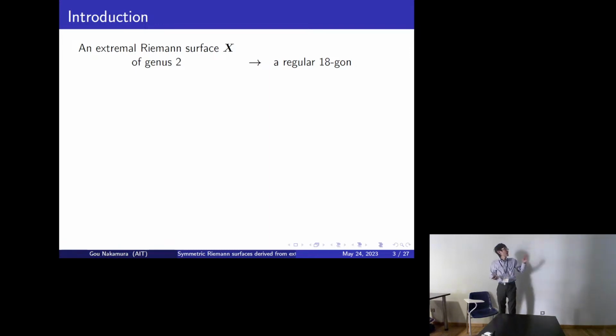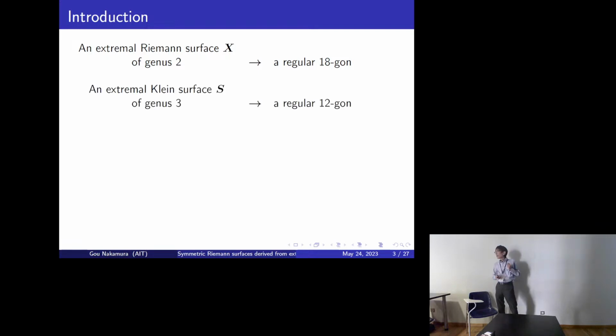And here, my target is genus 2 surfaces. So, an extremal Riemann surface of genus 2 has a hyperbolic regular polygon as its fundamental region. And the next target is extremal Klein surfaces of genus 3. This has a regular parallelogram as its fundamental region.